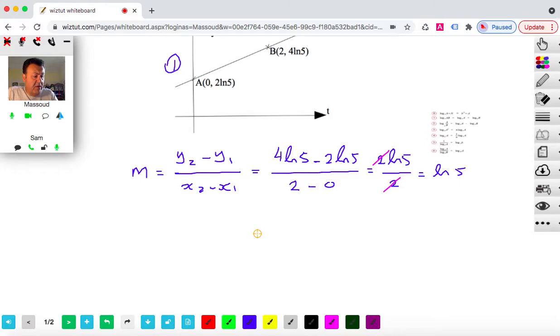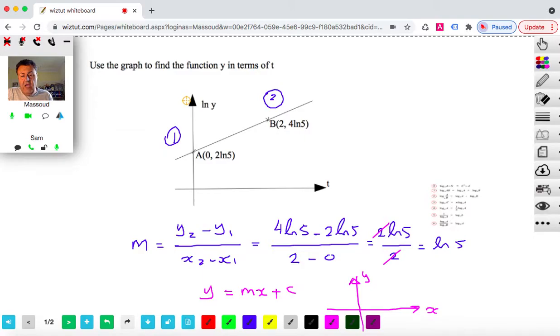So in a normal situation, you know that we show the function of a line as y equals mx plus c. So m is the gradient, c is the intercept, and the axes in this case are y and x. But as you can see in our case, the axes are log natural of y, and the other one is t.